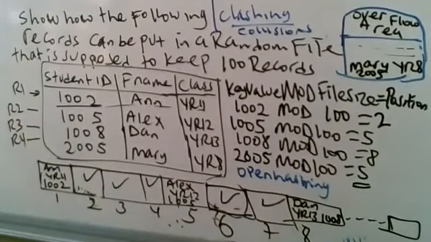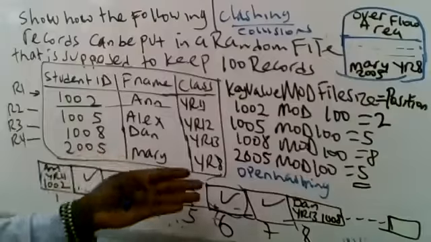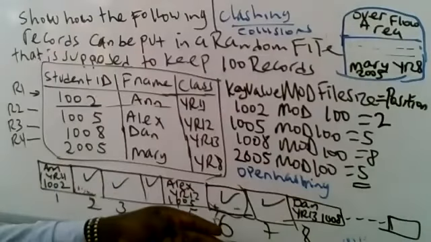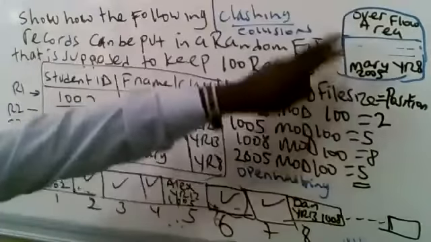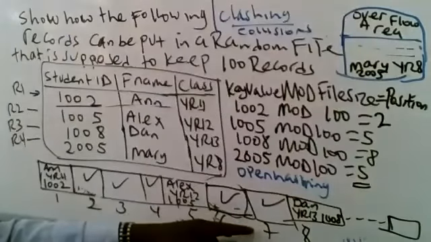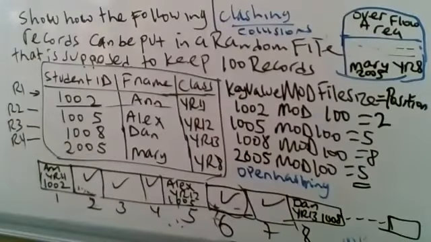Now that process is called closed hashing, where the computer puts a new record into a separate memory space or a separate file, separate from the random file.